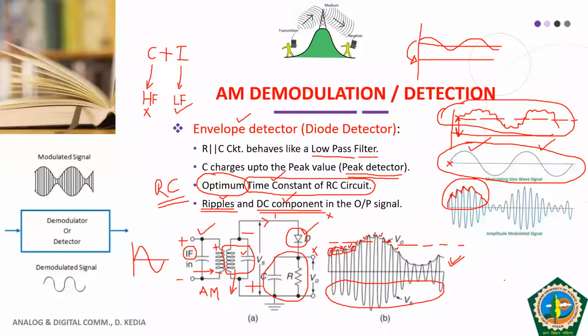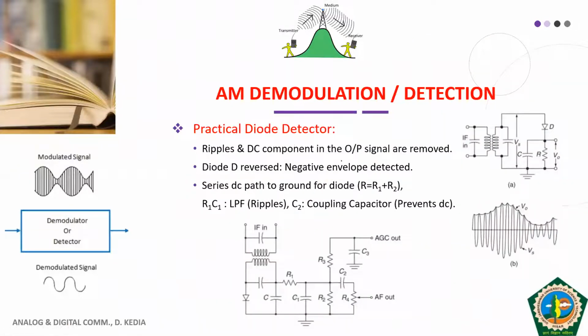So students, after discussing the envelope detector circuit, now we move to another circuit of diode detector, and we call this circuit the practical diode detector. If you remember, in the previous slide I told you that in the normal diode detector circuit, we have the problem of ripples and the problem of the DC component.